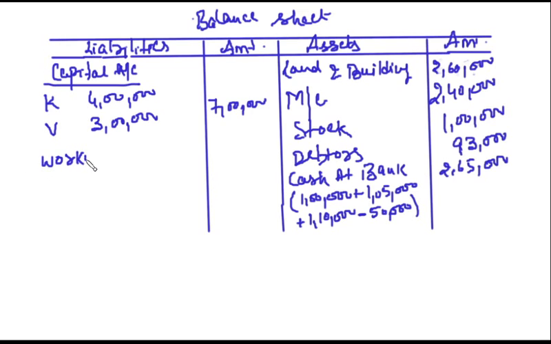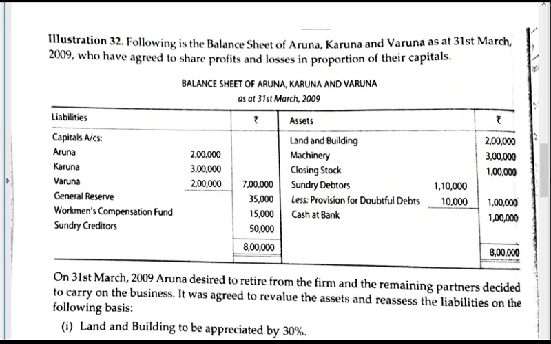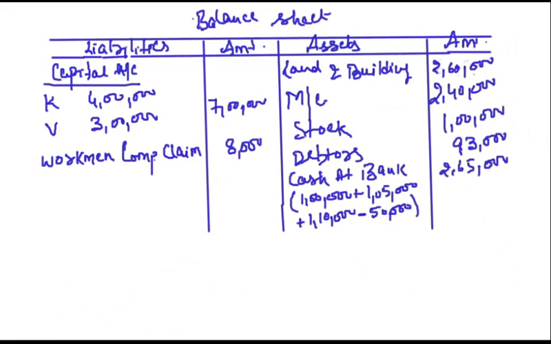We'll say workmen compensation claim, because now it is the liability to pay 8,000. It is the liability of the business. A claim has arisen, right? Then sundry creditors, no change, 50,000. Anything else left? Yes, sir.